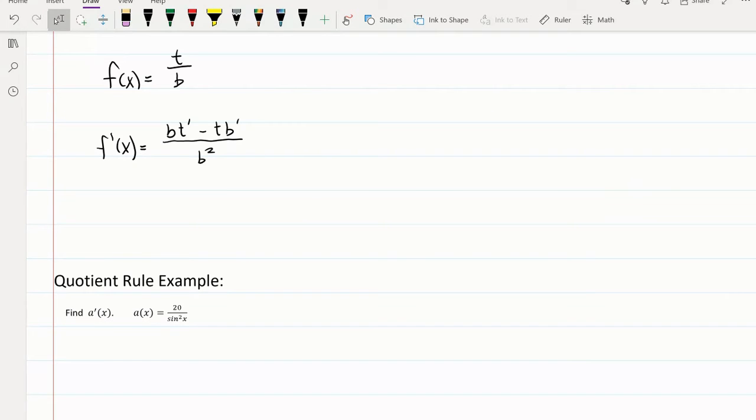Great. Now that we have the solution, let's go over it. So a prime of x is going to be, so the bottom function is sine squared of x times the derivative of a constant, so that's going to be 0, minus 20 times the derivative of sine squared of x, which is going to be 2 sine x cosine x, all over sine to the 4th of x.